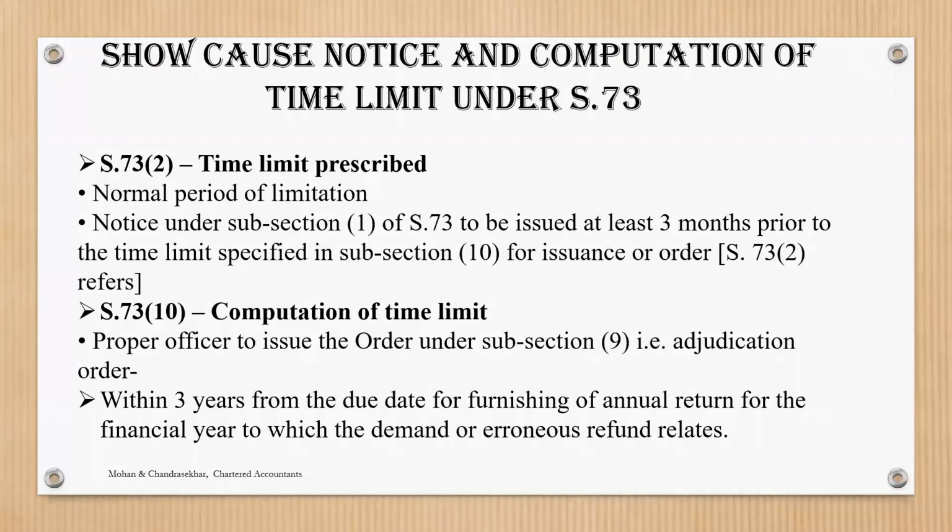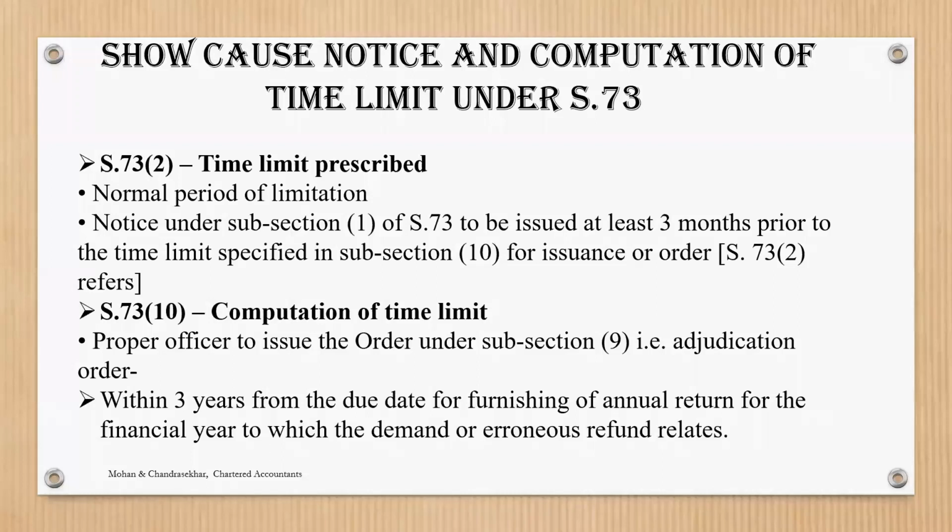That is what I was saying before also. We always ask for extension of filing of annual return. We should never ask for extension of filing of annual return, but for waiver of late fee, because all these provisions also get extended. So for a non-fraud case, if there is no willful misstatement, it is 3 years from the due date of filing of annual return.